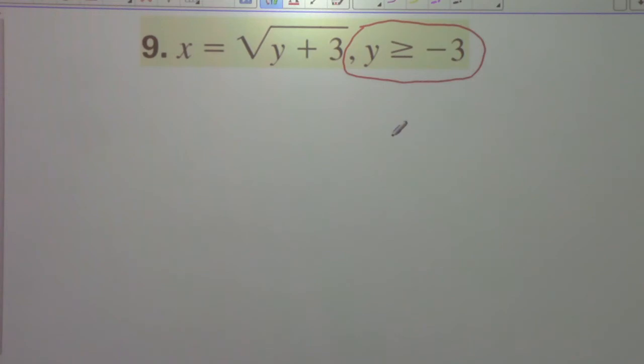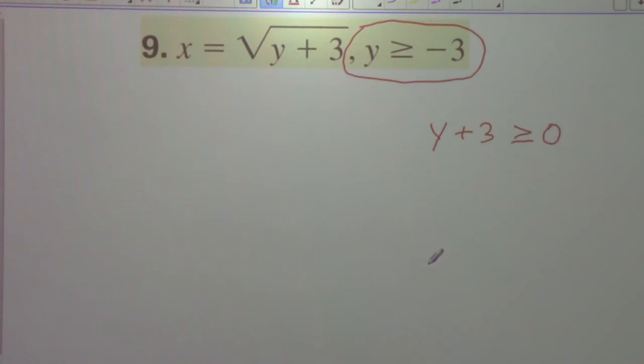So how do we account for the inside of the square root not being negative? Well, I'll show you how. We take what's inside the square root, y plus 3, and we set this greater than or equal to 0.